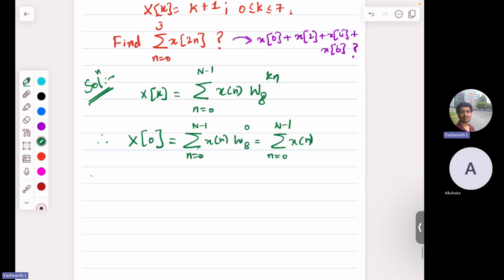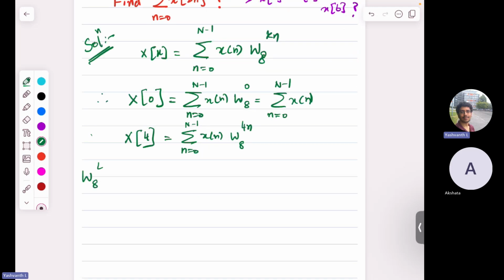Now I'm going to consider x of 4, the fifth frequency sample. That is equal to x of 4, which is summation over n equal to 0 to n minus 1 x of n into W8 power 4n. But now what is W8 power 4n?